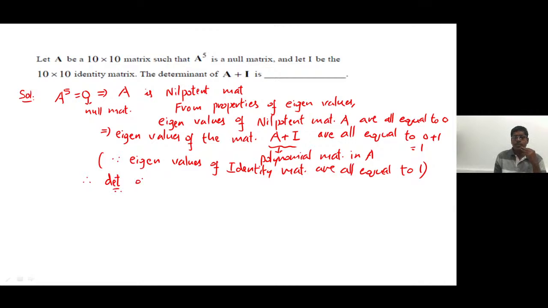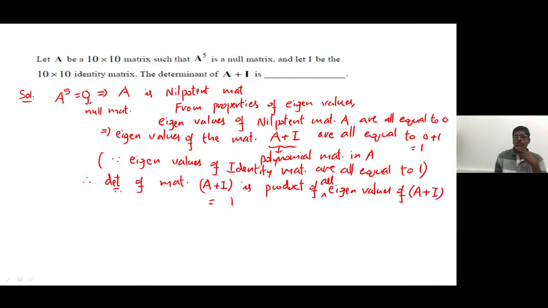The determinant of matrix A plus I is nothing but the product of all eigenvalues of A plus I, which is 1 into so on into 1, 10 times. That is 1 up to 10 times, because it is a 10 cross 10 matrix with 10 eigenvalues, so nothing but 1. So the answer is 1.